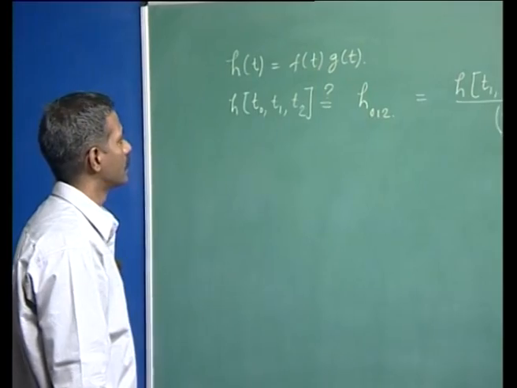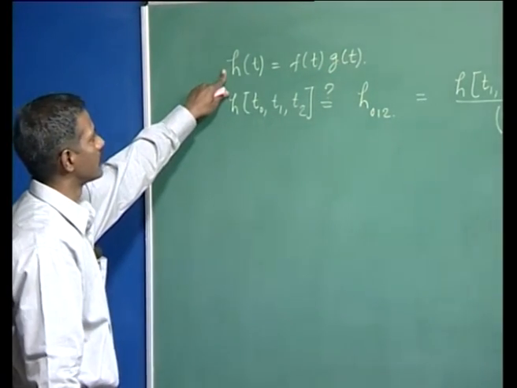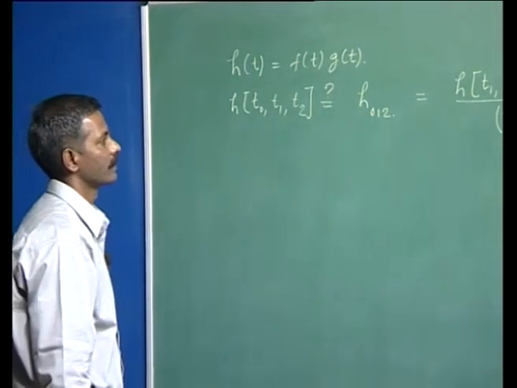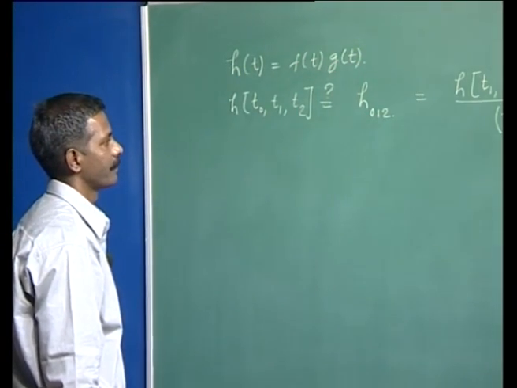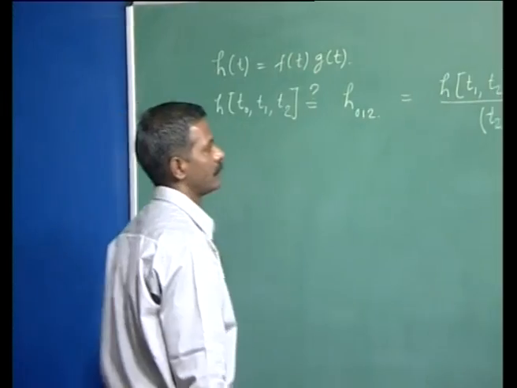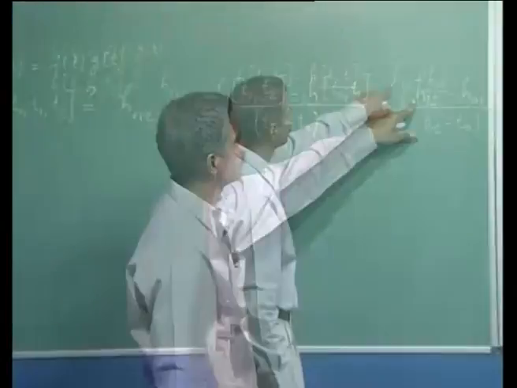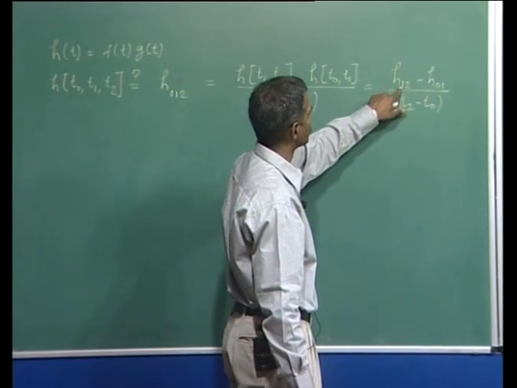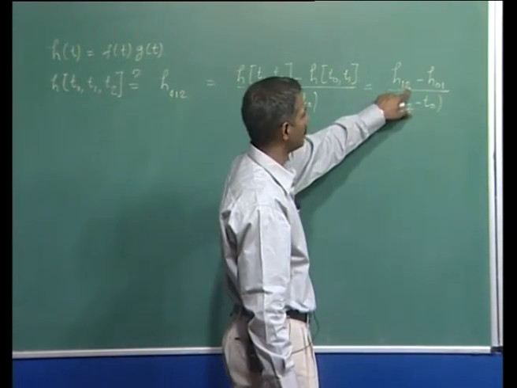The Leibniz result gives accurate predictions for the first divided difference. So I can substitute for h_12 in terms of the divided differences in f and g.